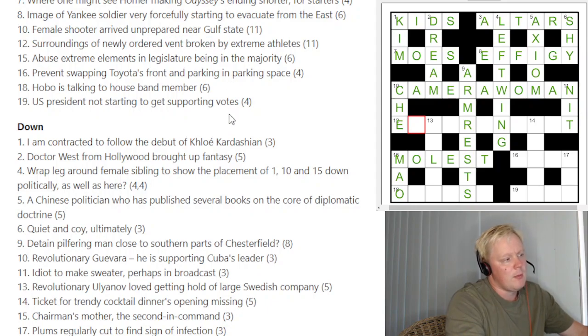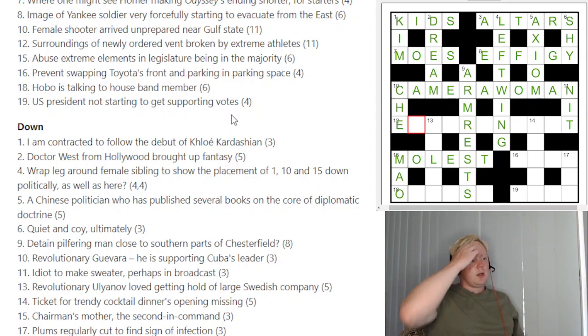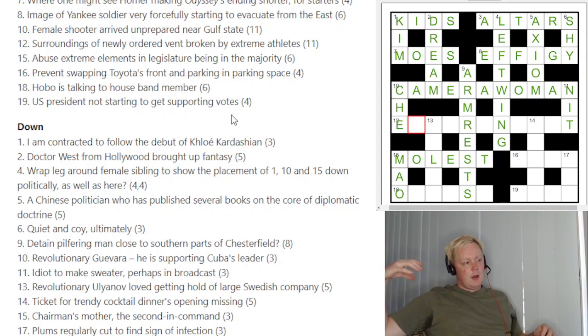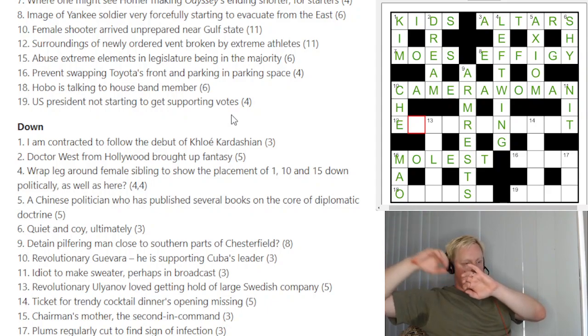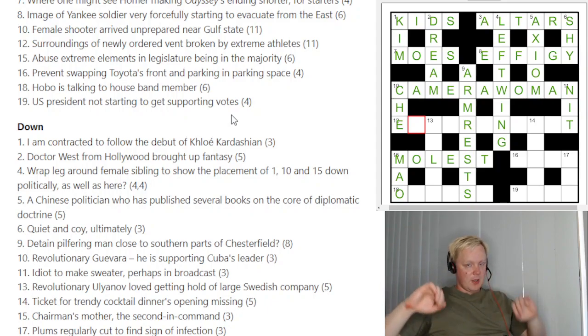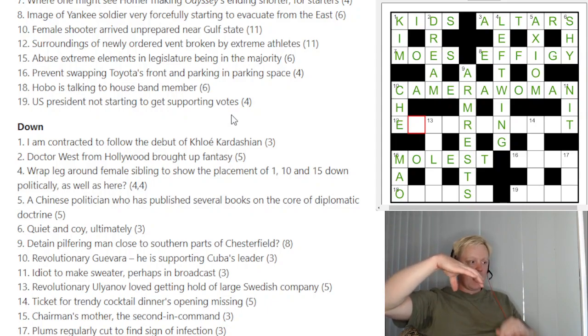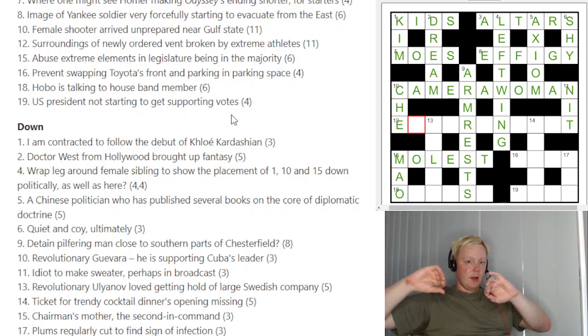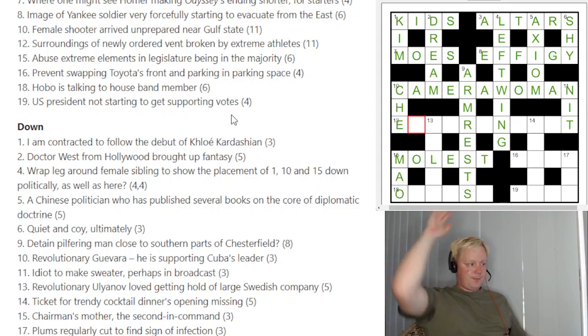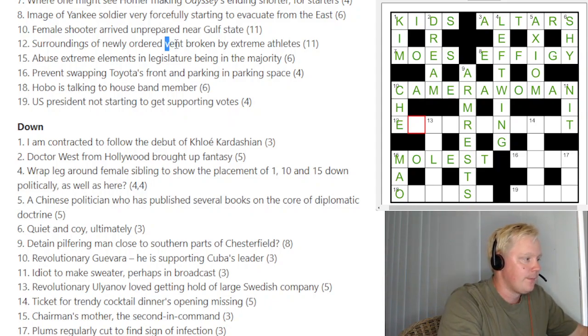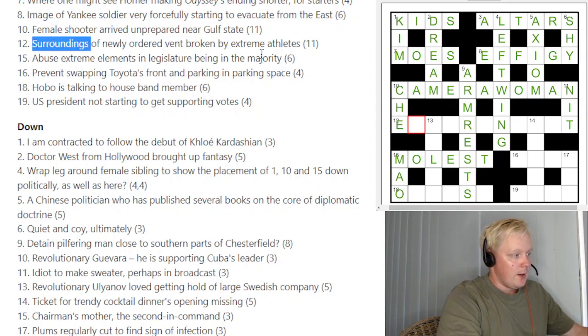But if you look at broken by, we talked in part one that insertion can be clued by something interrupting or something breaking up the other thing, dividing the other thing. So broken by extreme athletes. So you would put a word for extreme athletes inside an anagram of vent. So vent is newly ordered. And the answer would be surroundings.